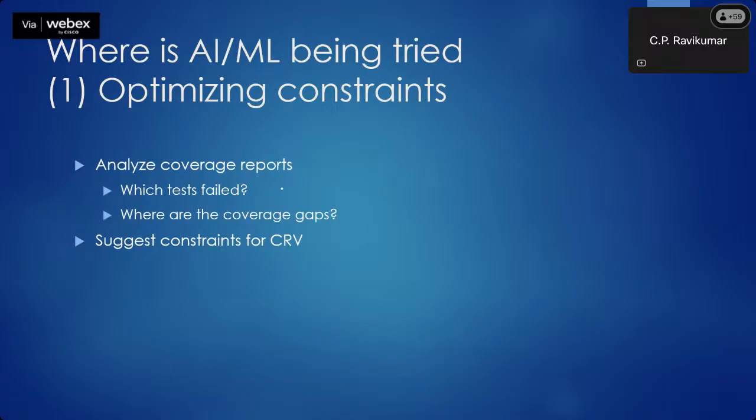Okay, and maybe it can also suggest some constraints for CRV. That is, see, writing those constraints are sometimes very tricky. Okay? When I talked about constraint random verification, you may recall that there are lots of ways to generate those constraints, right?